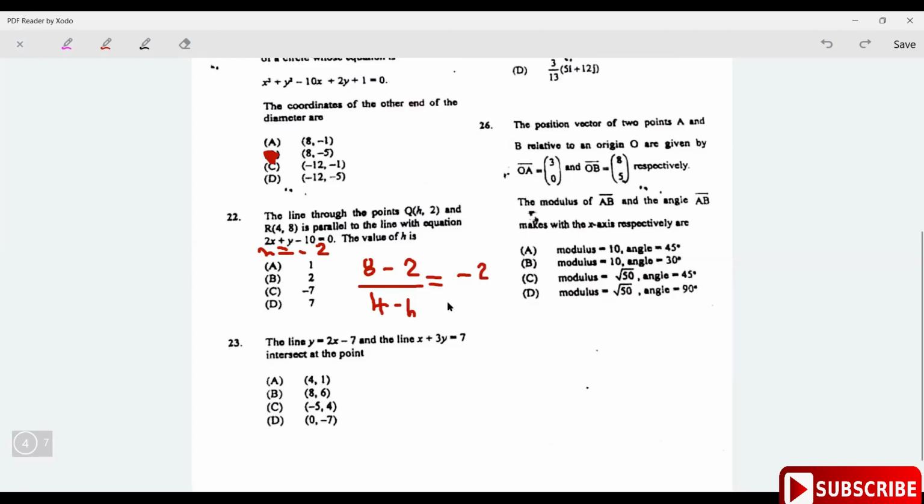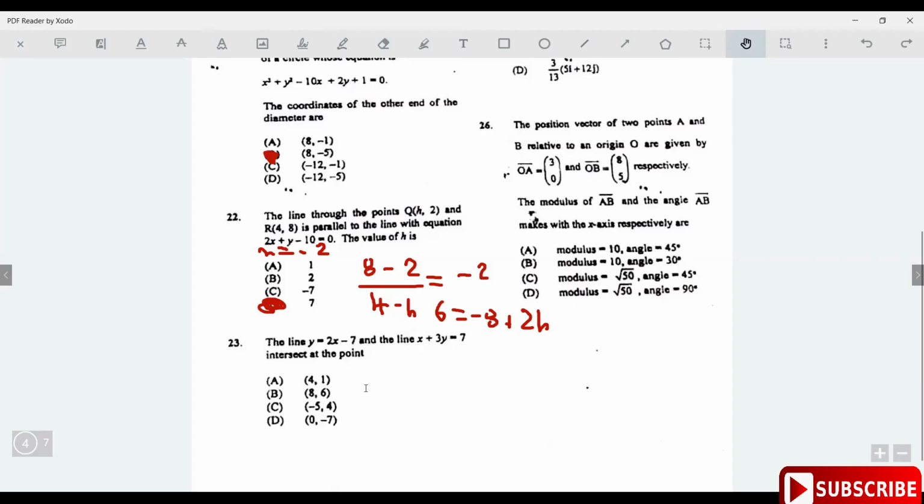You can cross multiply, and so you have 6 is equal to negative 2 times 4, which is negative 8, plus 2h. And so what you're going to get is h equals 7. Solving this equation, h must equal 7. Easy question, soft.